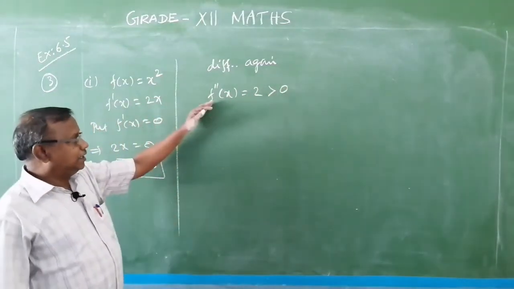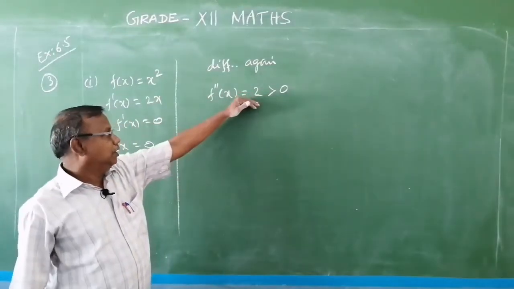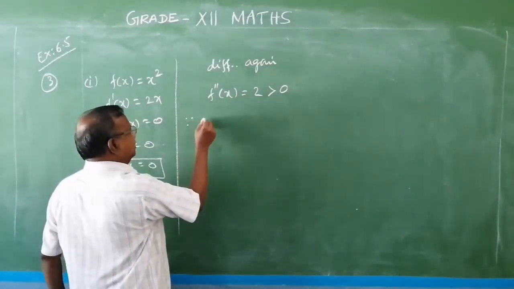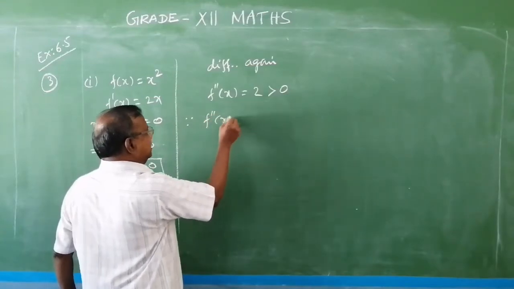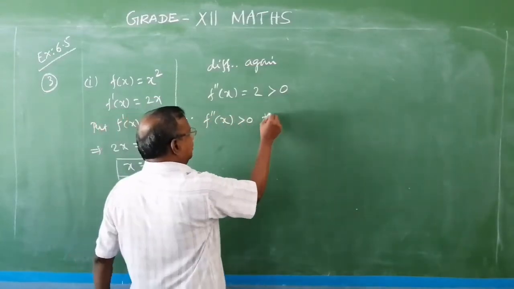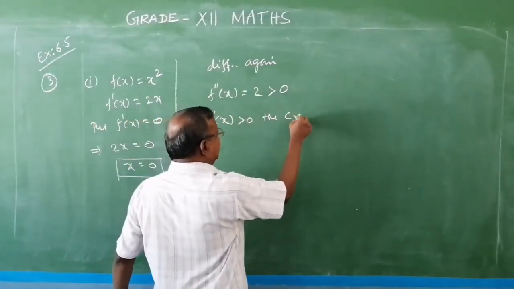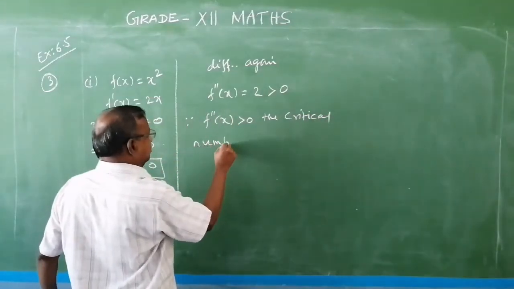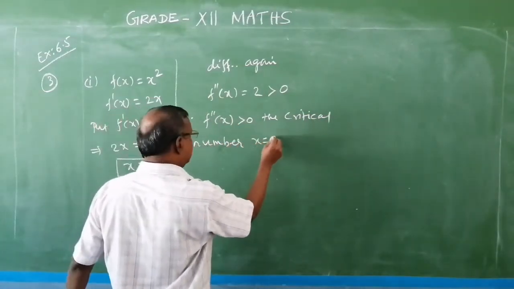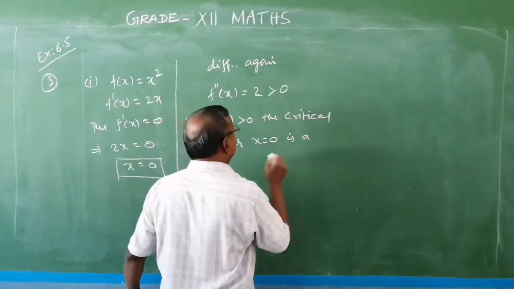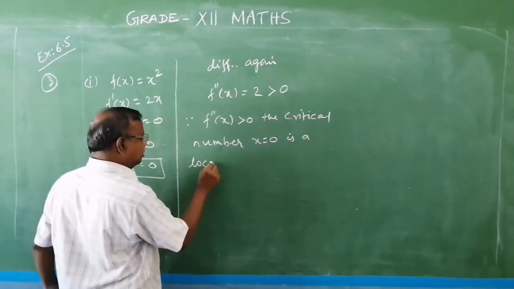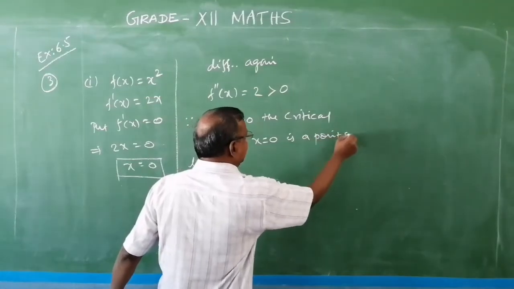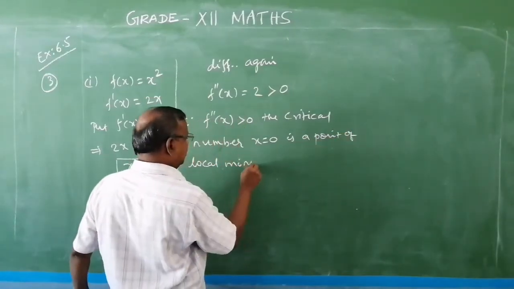Since the second derivative is positive, since f double dash of x is greater than 0, the critical number x equals 0 is a point of local minimum.